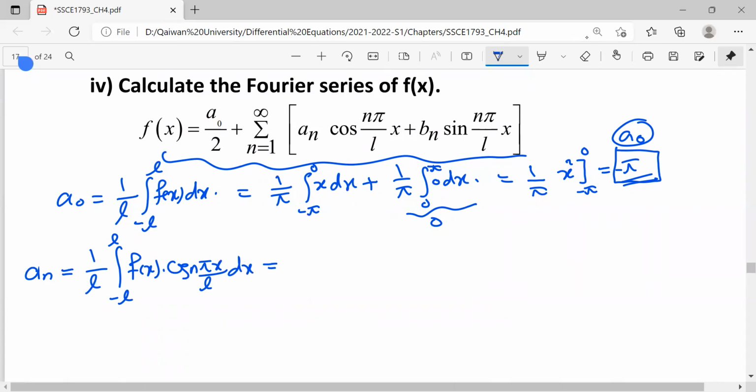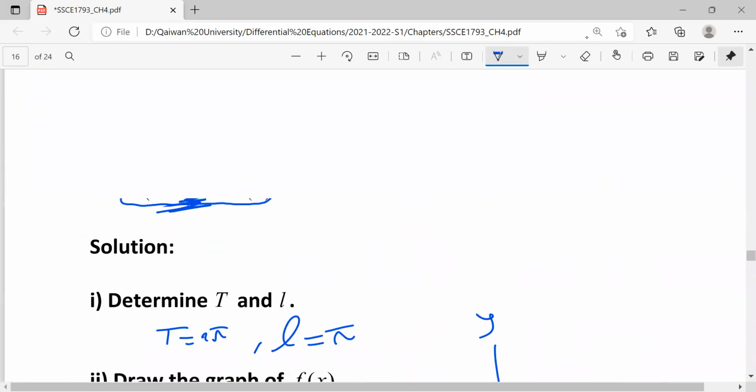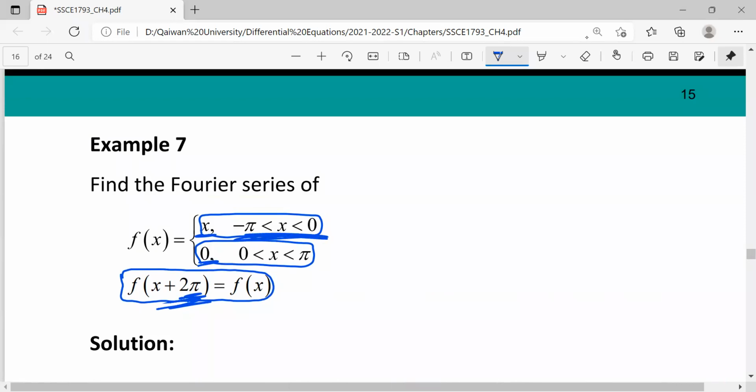One of them from negative pi to 0, and the other one from 0 to pi. This equals 1 over pi integration from negative pi to 0. The function from negative pi to 0 is x.